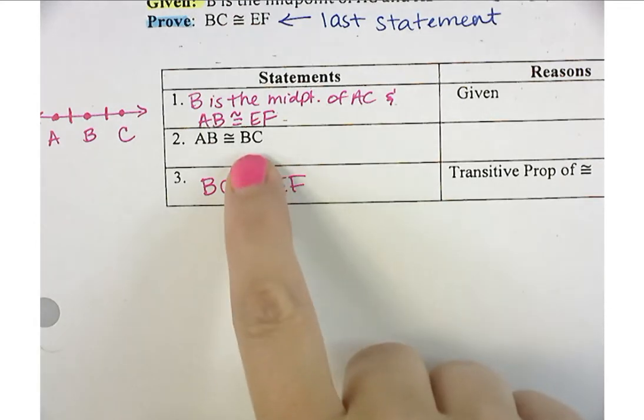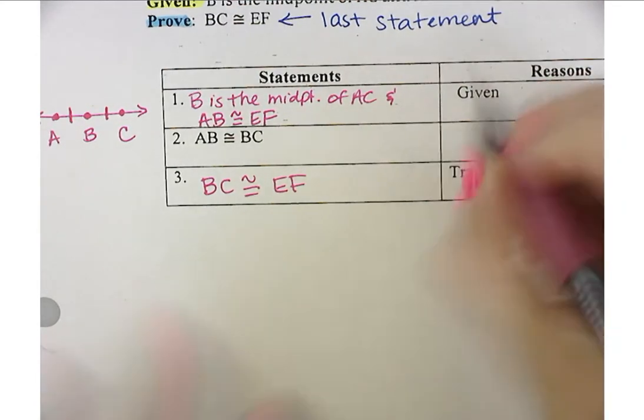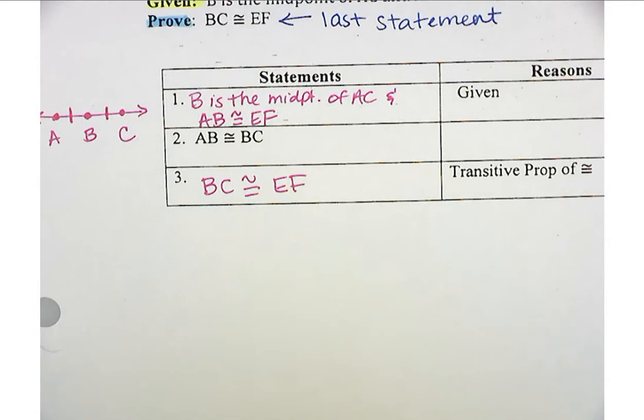So we got that simply from the fact that B is the midpoint of AC, and so our reason is just going to be the definition of a midpoint.